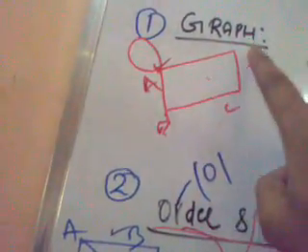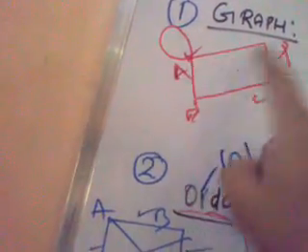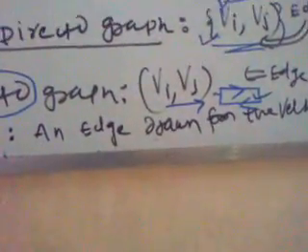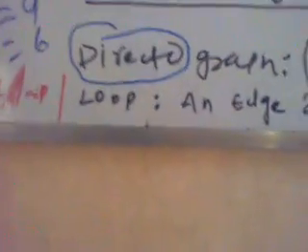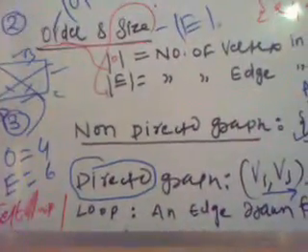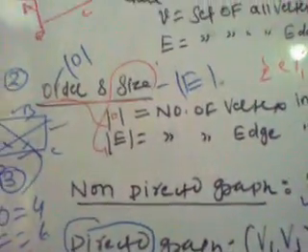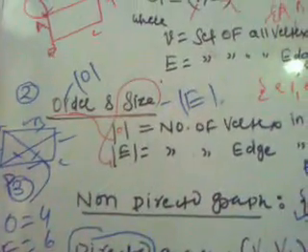In a non-directed graph there is no order, that means it is bidirectional, so by default AD means AD or DA, we can go in both directions. In a directed graph there is a direction from i to j. And an edge drawn from a vertex to itself is known as a loop. So we have seen only 3-4 terminologies.